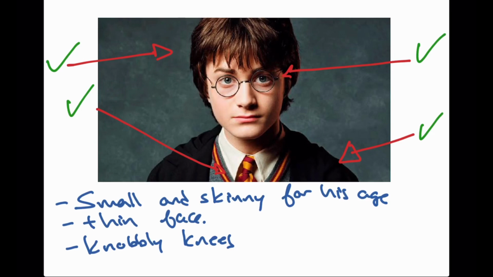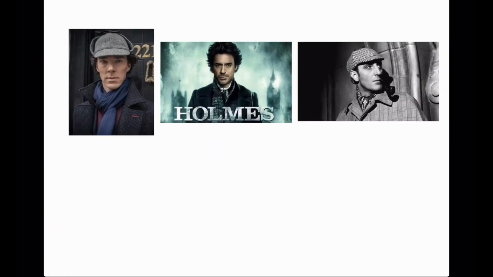The second example I would talk about has a variety of representations because it's a very famous character, and as a famous character it has been taken to the movies and TV several times, and there are a lot of actors that play that character. I'm talking about Sherlock Holmes.